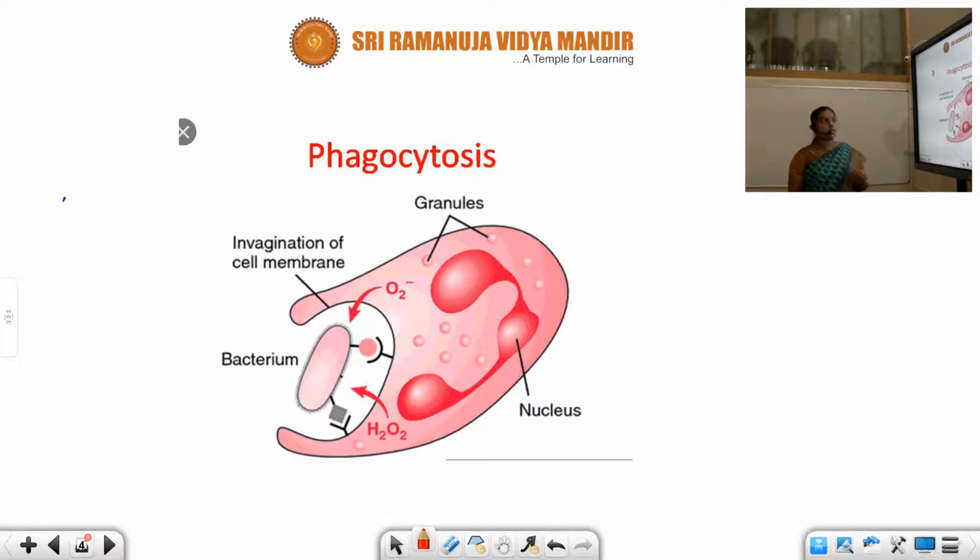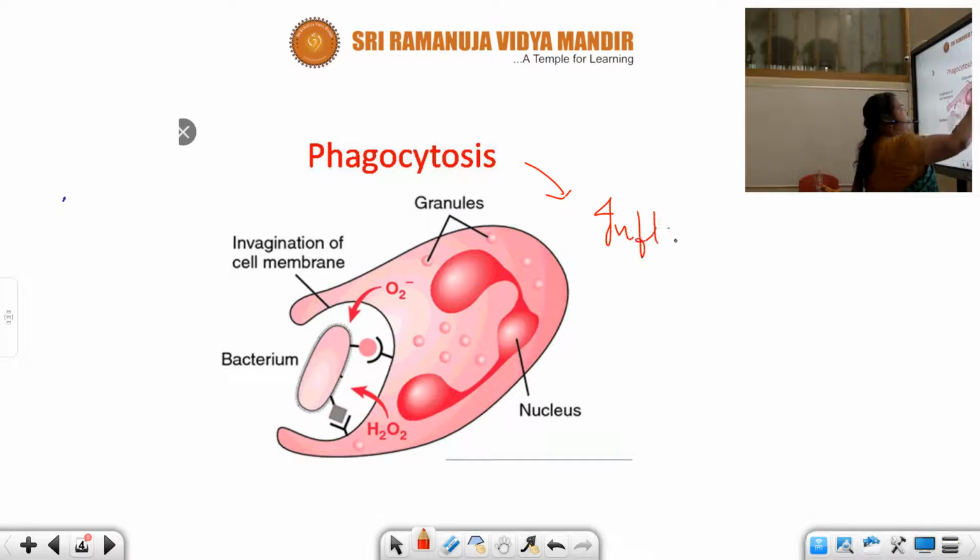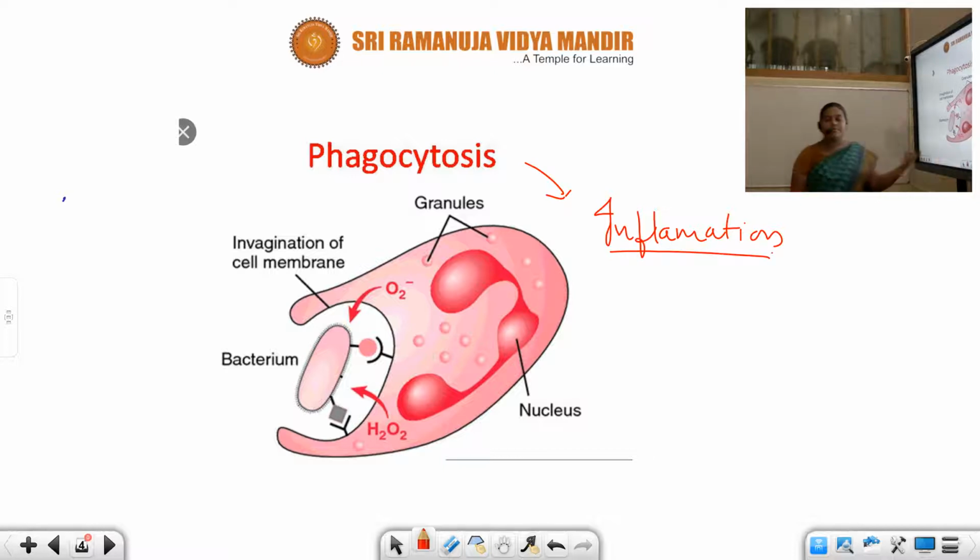This phagocytosis is related to inflammation. I think I have already explained the meaning of inflammation in the previous class. The word inflammation means, students, the response shown by the body against the pathogen.